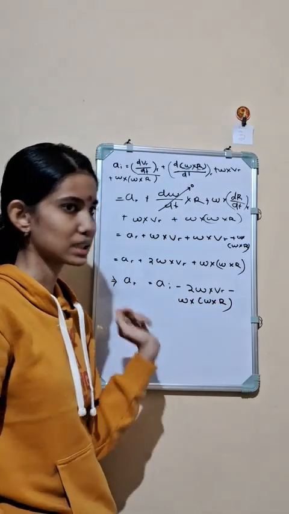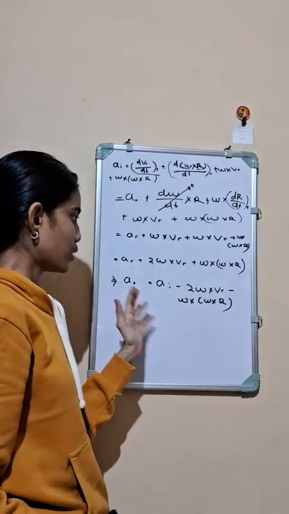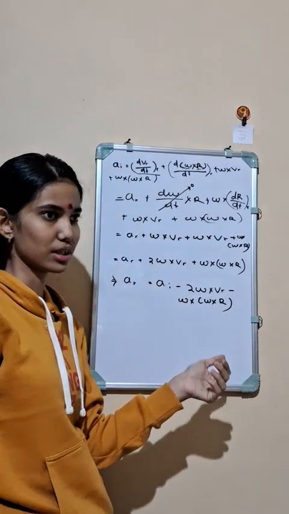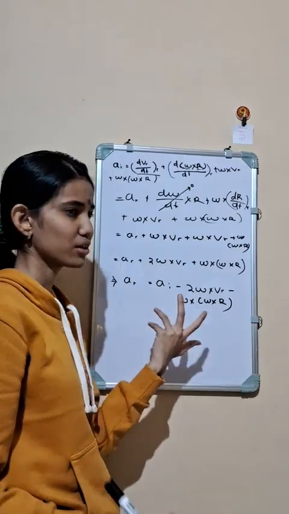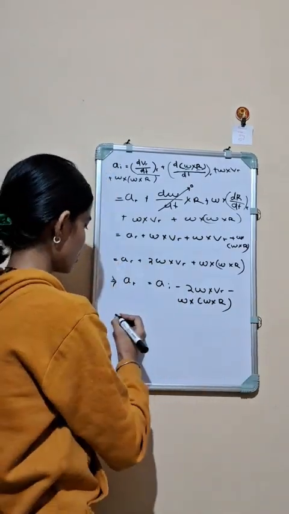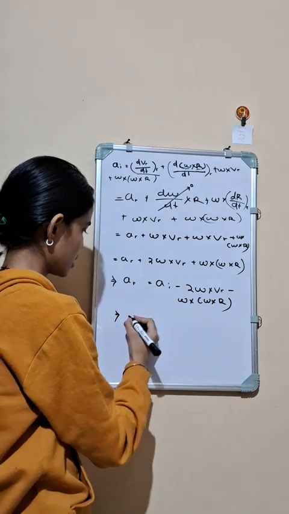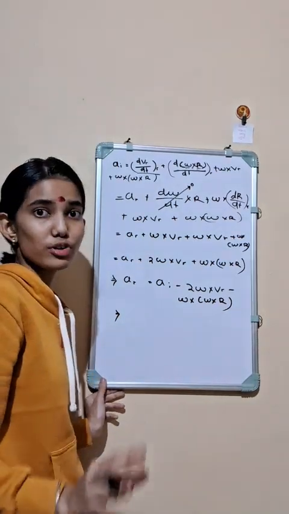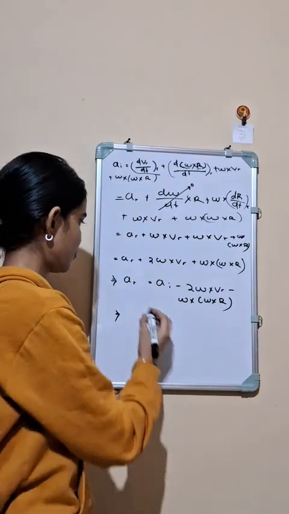Here is acceleration. I am just going to multiply mass on both of the sides. By multiplying mass on both of the sides, there will be no difference. After multiplying mass, we will get some forces.